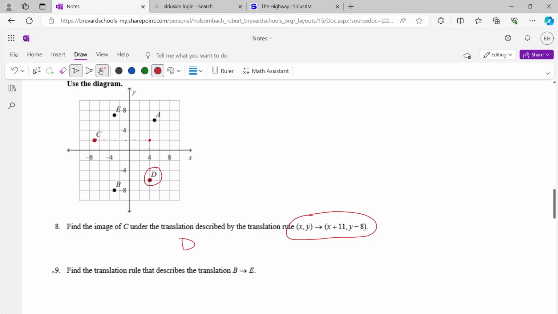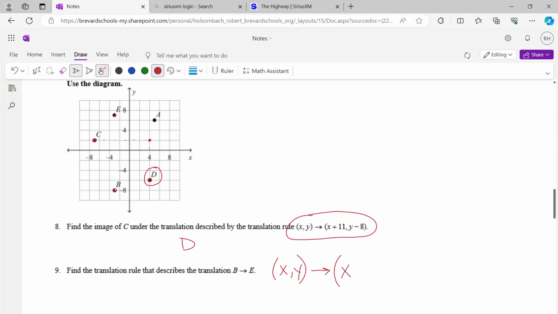Problem number 9 asks you to find the translation rule that describes the translation from B to E. All right, we're going from B, which is right here, to E. So our rule is going to be written as for every xy of the preimage, after the move, our new x.